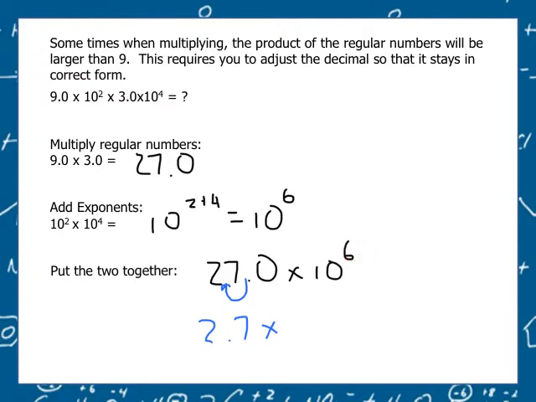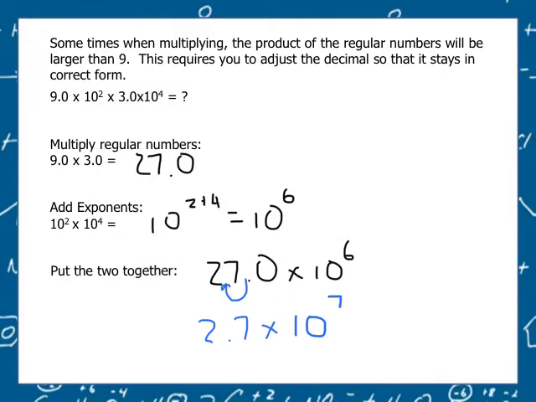I went from 27 to 2.7, so I made the decimal part of my number smaller, so that means my exponent needs to go up. So if it's a multiplication, you're going to end up adding 1 to the exponent when you adjust it to get into proper scientific notation.